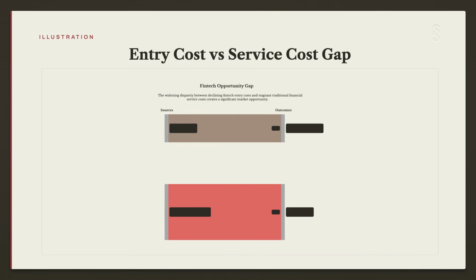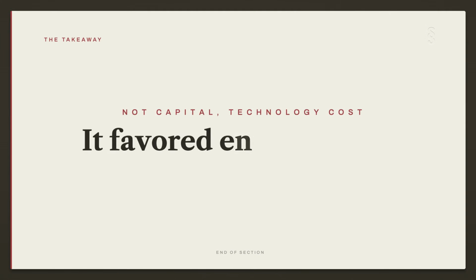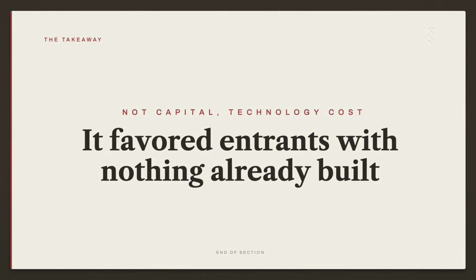Fintechs are built to exploit exactly that gap. This is not the same as investor capital, which explains who funded a startup. Declining technology cost explains why that startup needed so much less funding in the first place, and why it disproportionately favored new entrants over institutions.